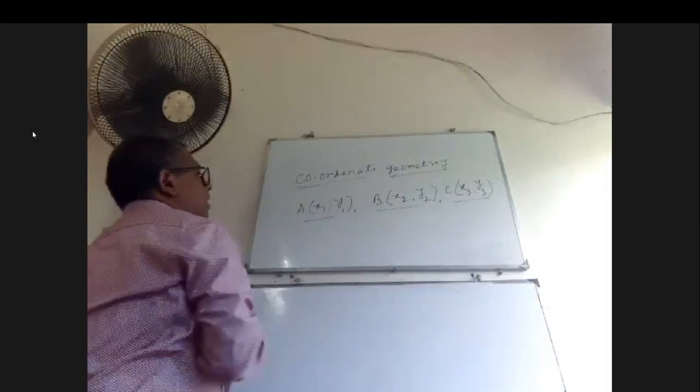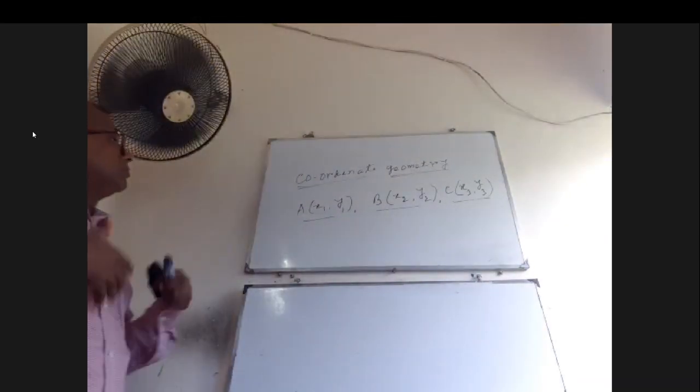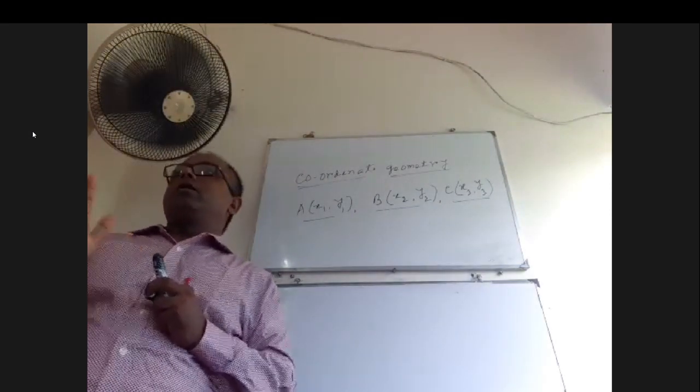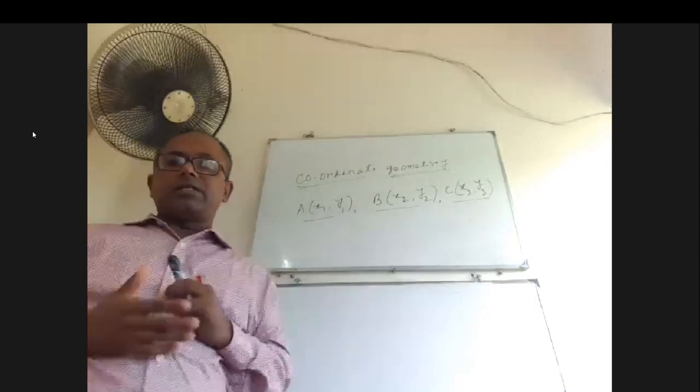Now, when to determine the triangle is equilateral or isosceles or scalene or right angle triangle.